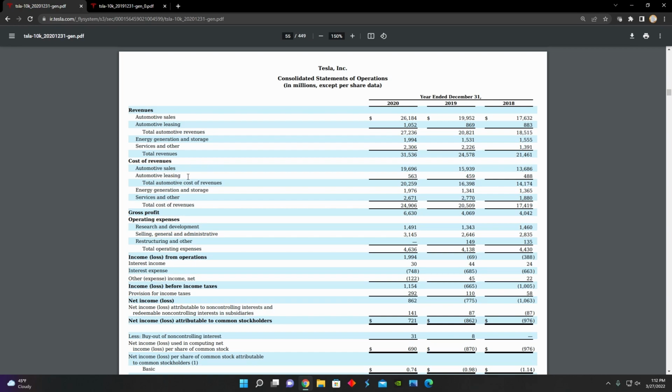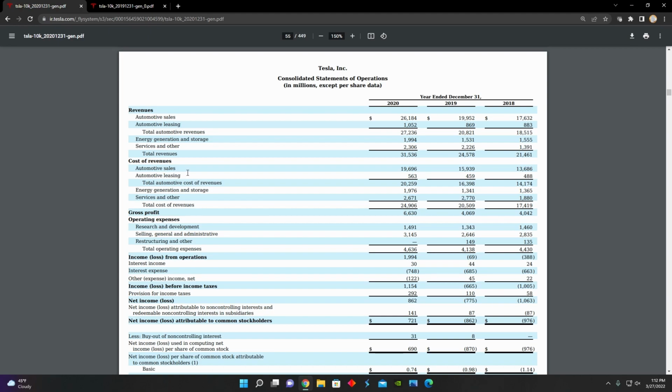So even though Tesla might not have actually paid cash for these costs yet, if they sell a car in 2020, then whatever it costs to build that car, those costs they will record in the same period, even though no cash has entered or left the business.